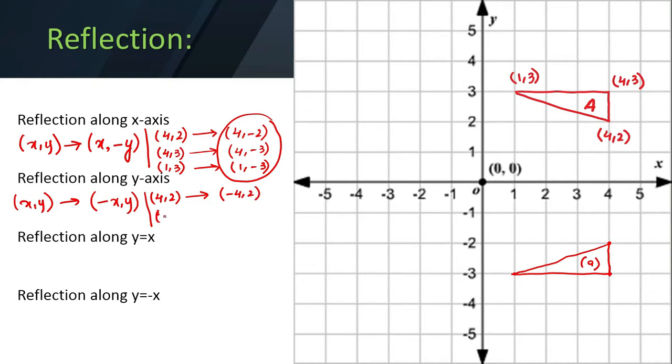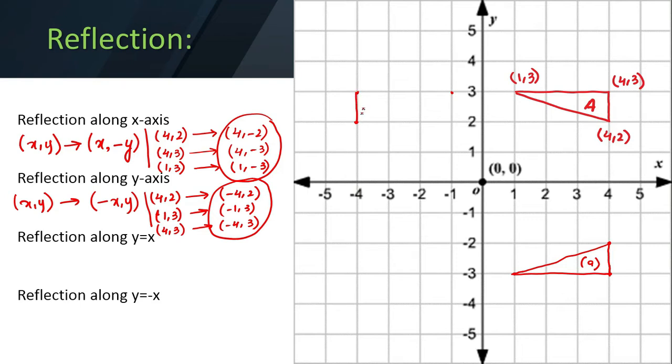If we have (1, 3), it will be (-1, 3). And the last one is (4, 3), so it will be (-4, 3). Now when we mark these three coordinates on the graph paper, (-4, 2), (-1, 3) and (-4, 3).